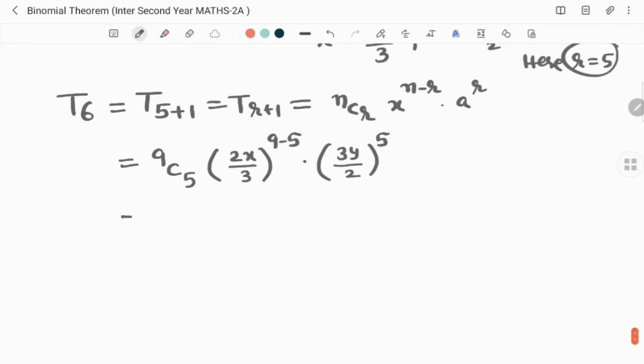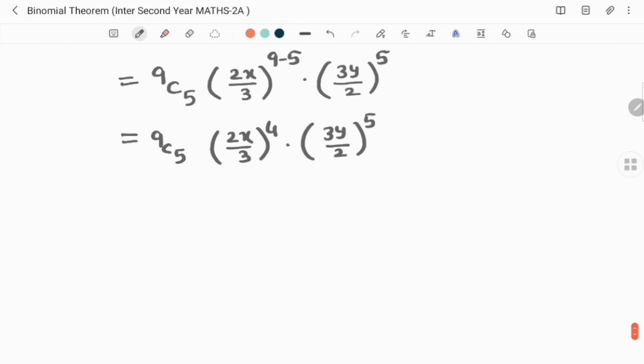Now simplification: 9C5 (2x/3)^4 (3y/2)^5, which is equal to 9C5 (2^4/3^4) x^4 (3^5/2^5) y^5.